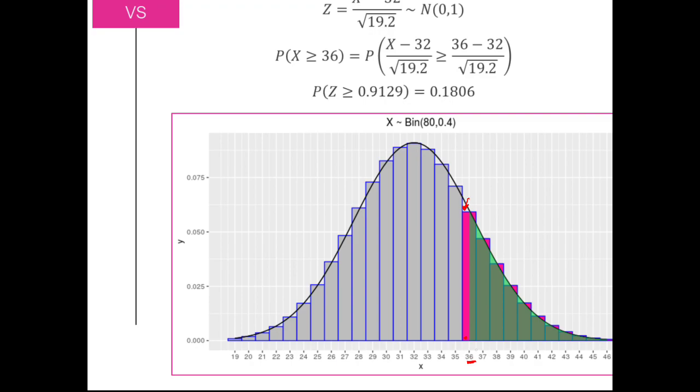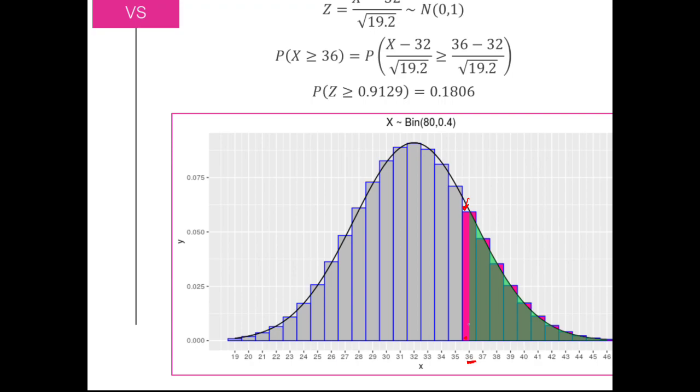So we can go, okay, well, if we want to do 36 and we want to do greater than or equal to, remember the non-strict inequalities, the inequalities that have an equal to sign in them, were always undershooting. So we need to add probability, basically. We need to add this pink area to our probability.